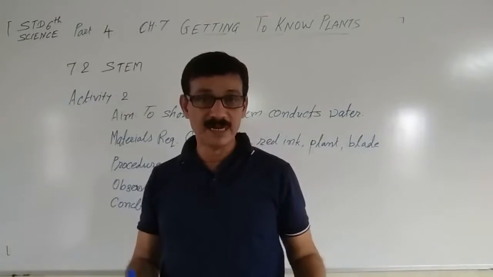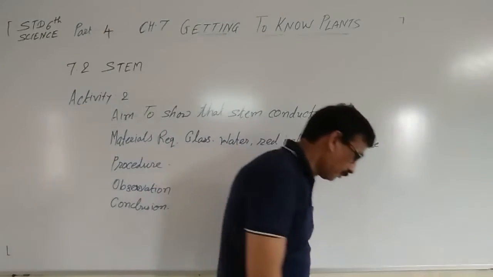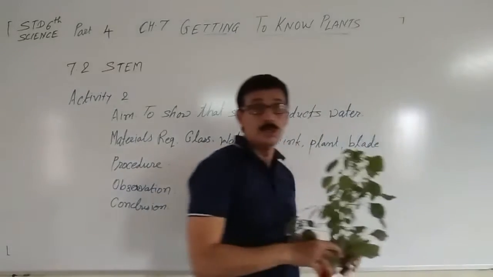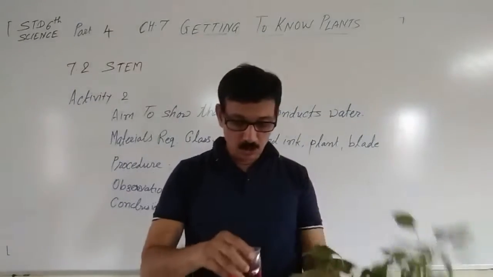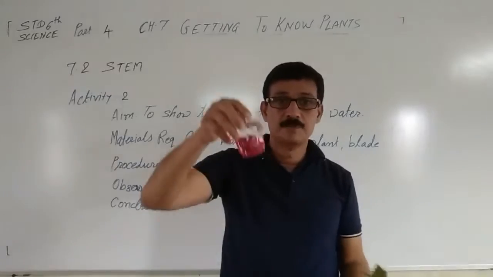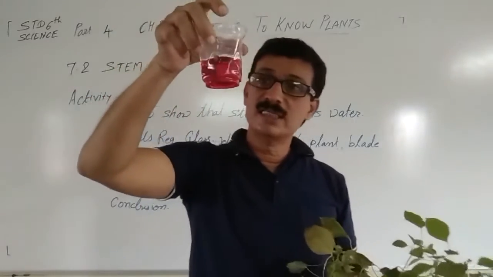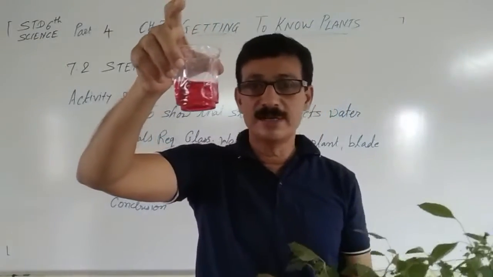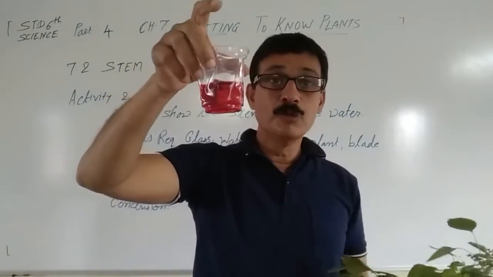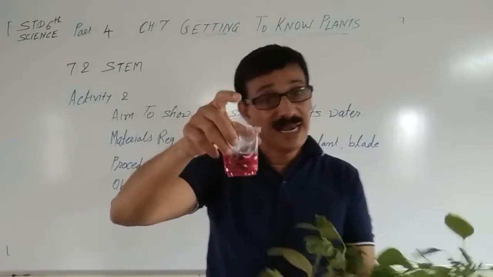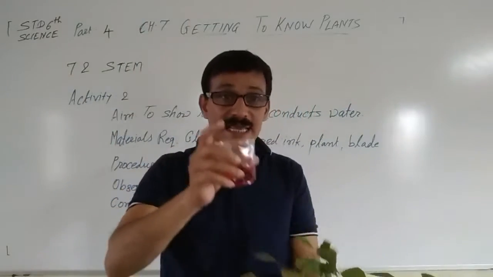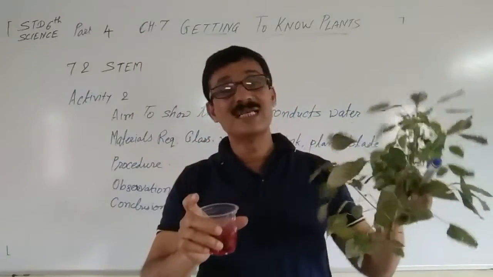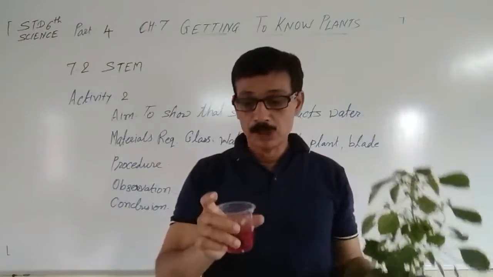Now let's go for our activity. So what to do? First of all, take a glass, put some water. Actually it should be exactly half a glass, at least. Now put some drops of red ink. I put some red ink into this yesterday, so that I can show you today itself.